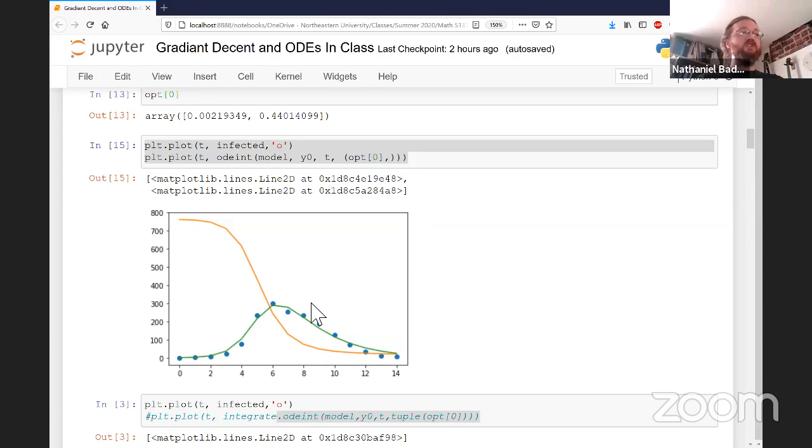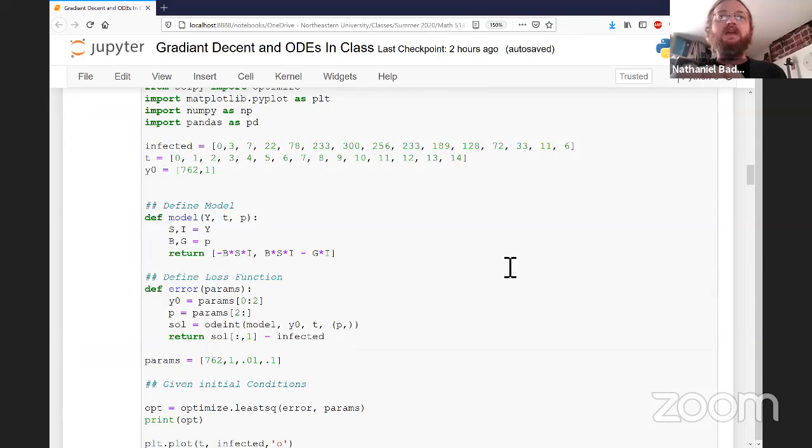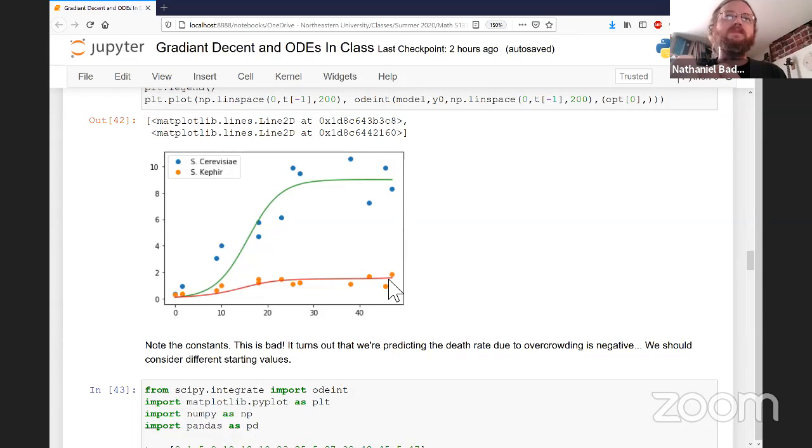But the things to always check are to make sure that the parameters make sense in your model domain, and that you don't get any little things you don't expect.